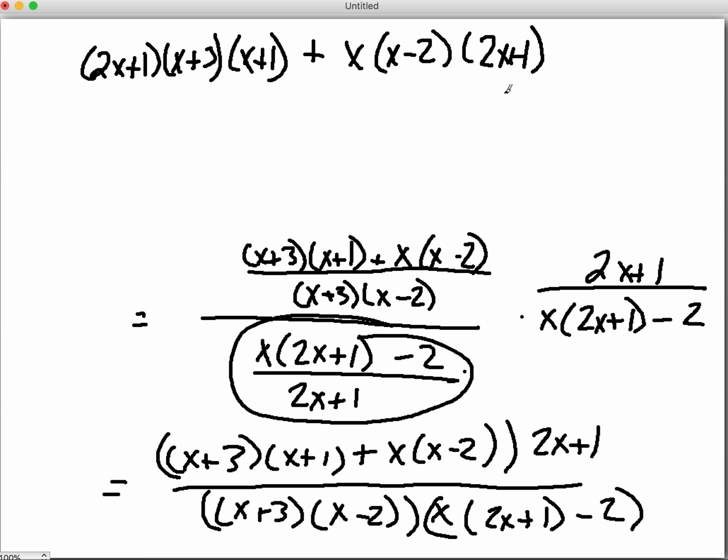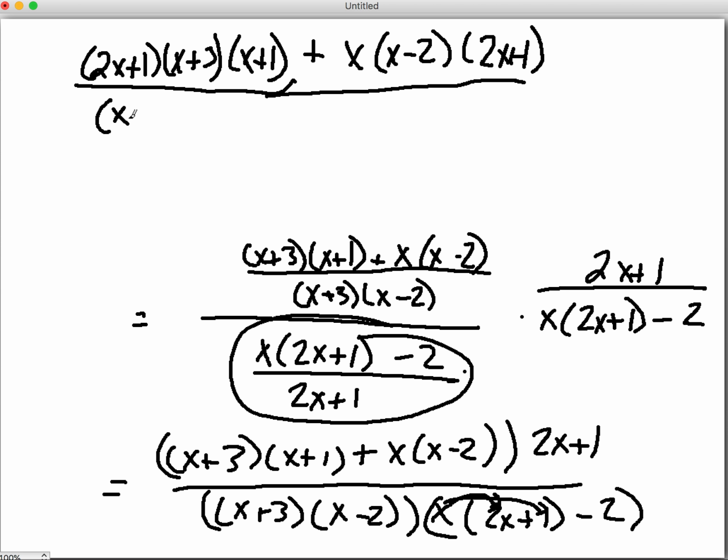So I just distributed that 2x plus 1 to every single term. What I'm going to do here is I'm going to distribute this x inside the parentheses to see if that gets me anywhere. It may or may not. I'm just trying to get a product here.